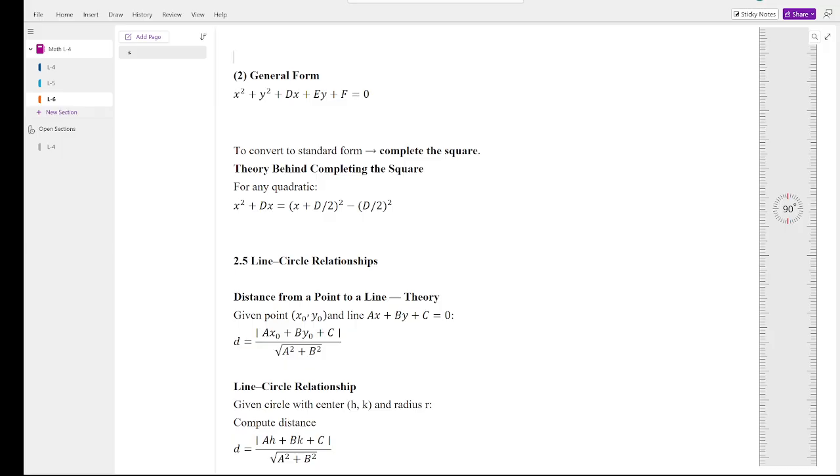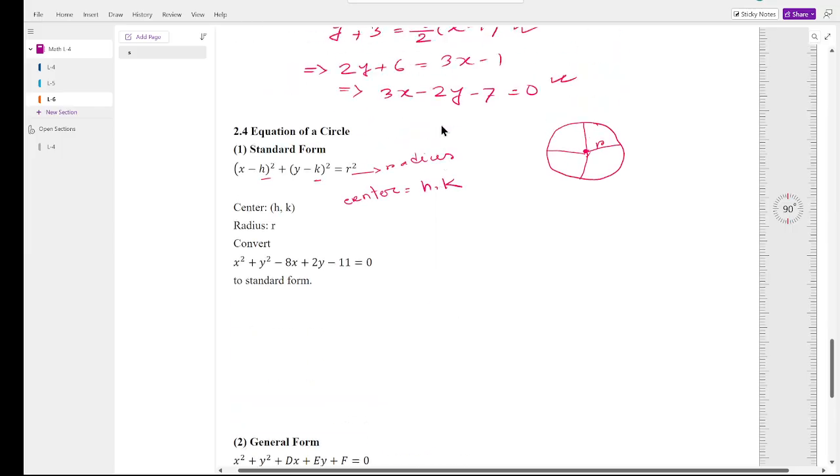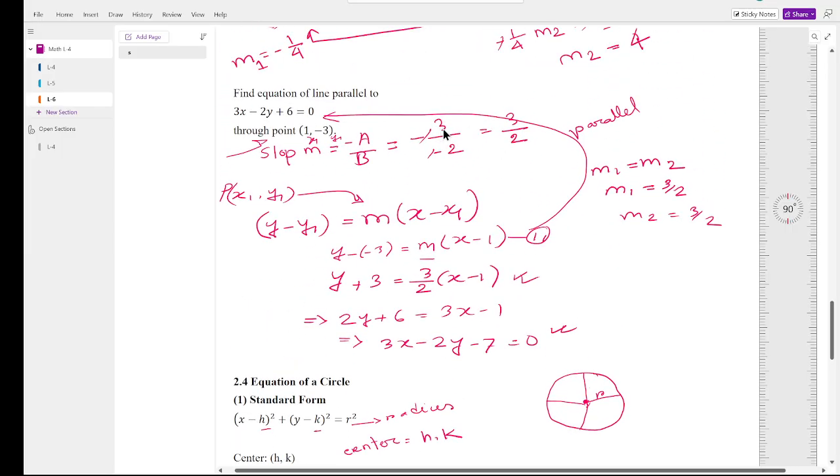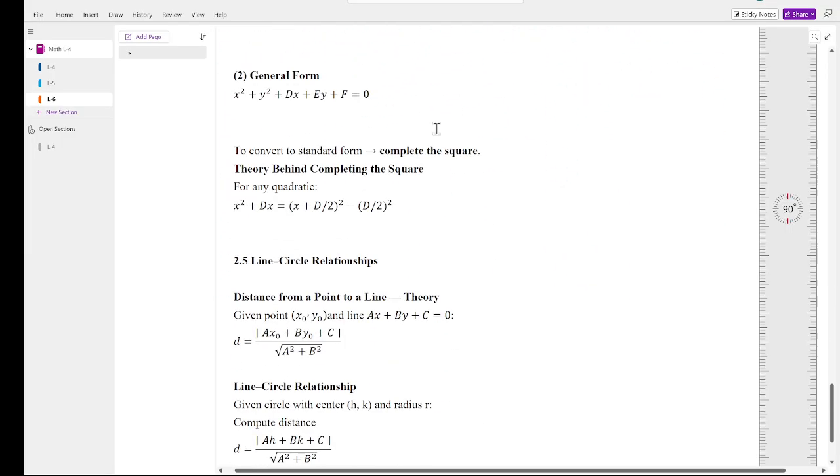There is another general form: x squared plus y squared plus dx plus ey plus f equals 0. This is the complete standard form.